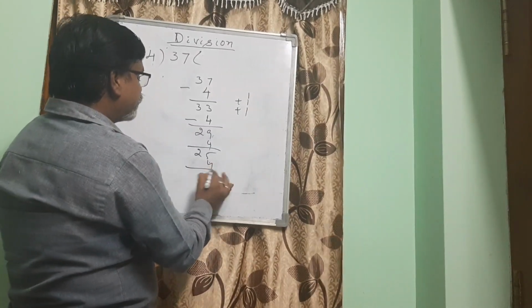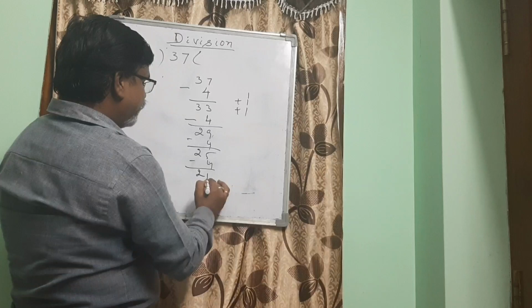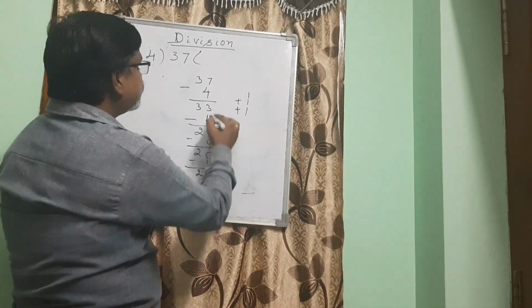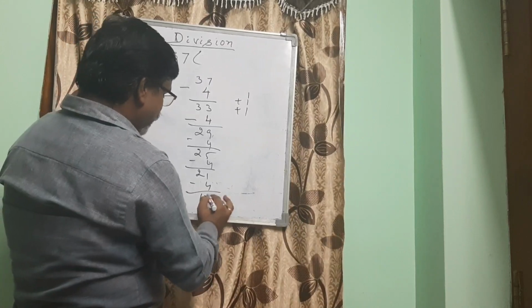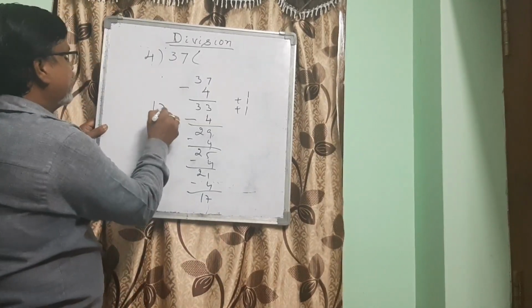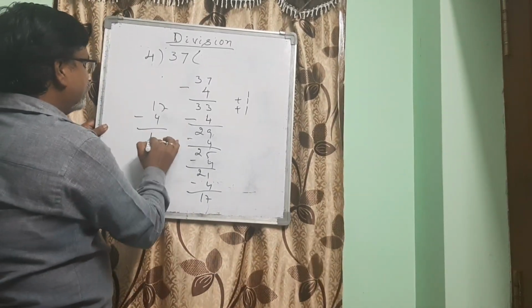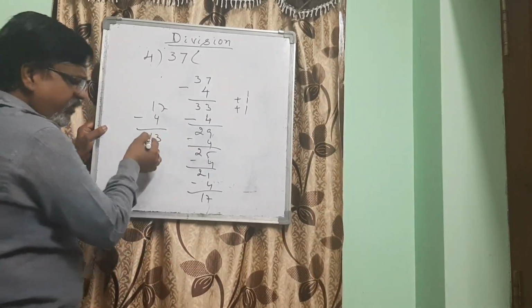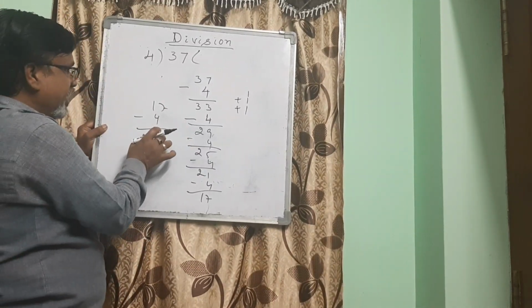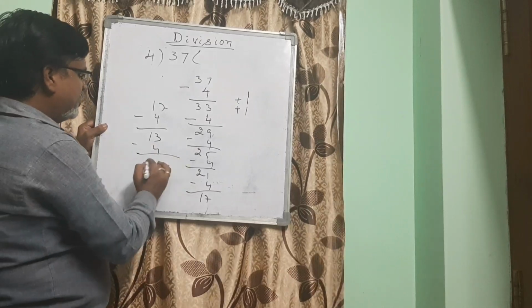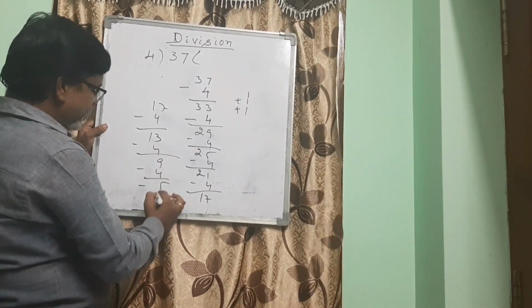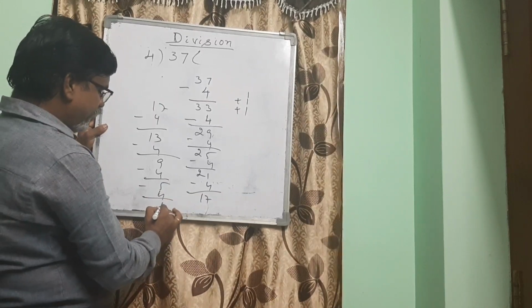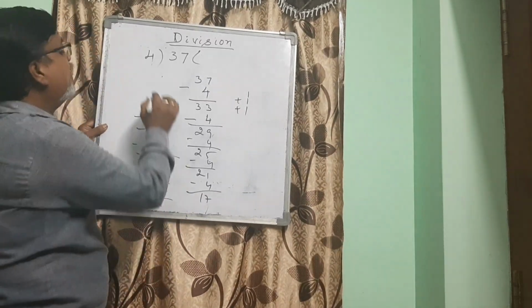So 21, then 17, then 13, whenever you compare, obviously this is greater than 4. So this is 9 minus 4, so 5, again greater than 4, minus 4, 1. 1 is lesser than 4.